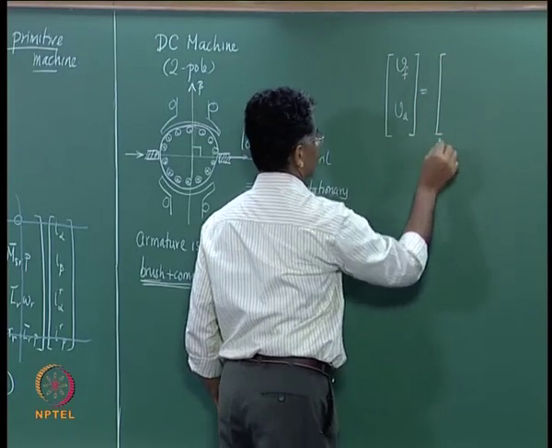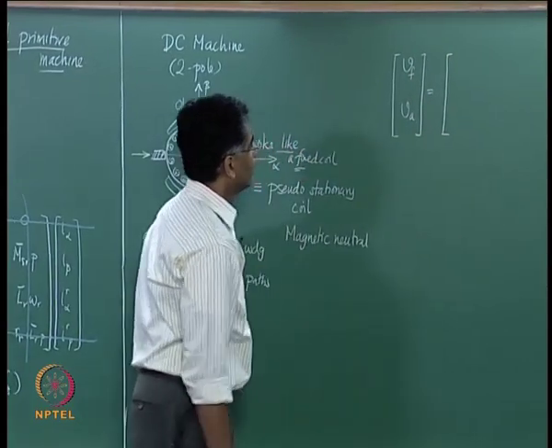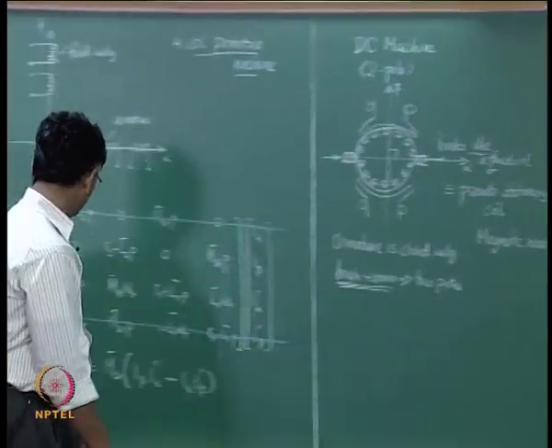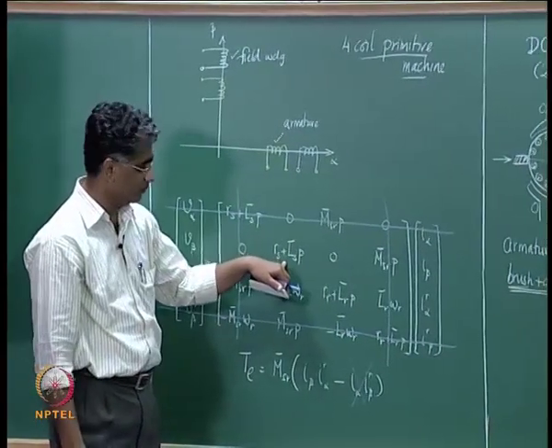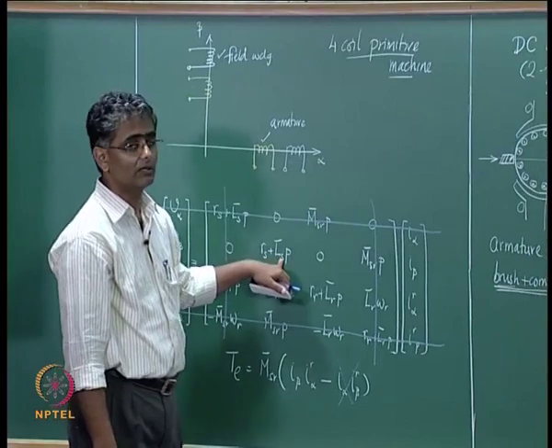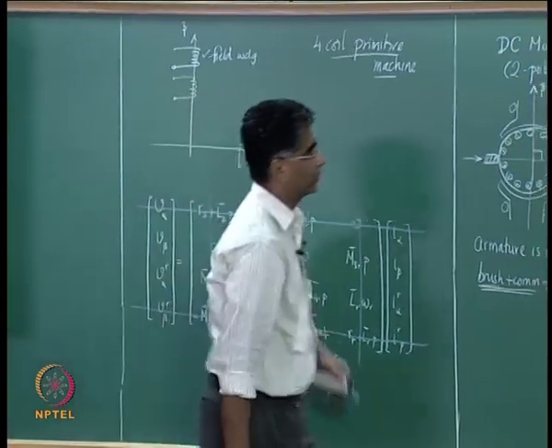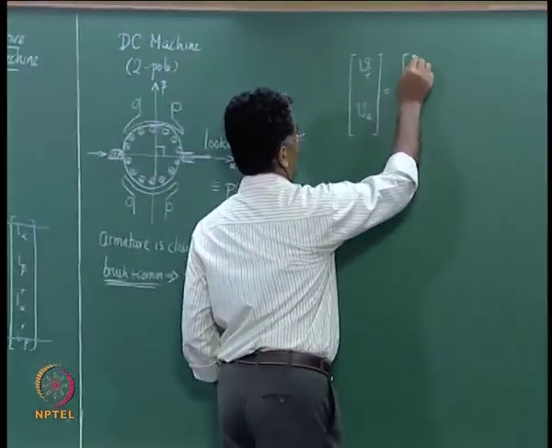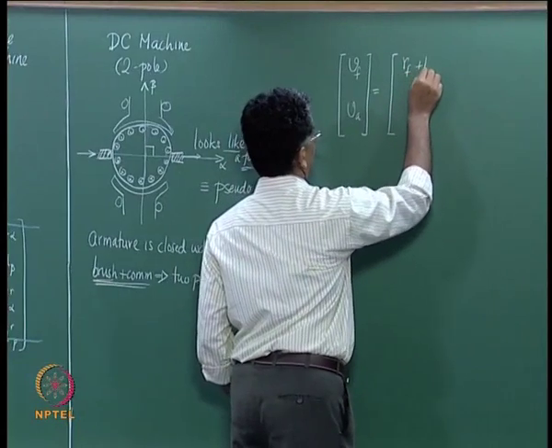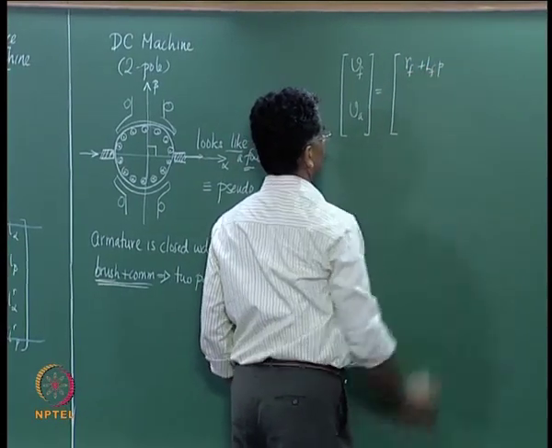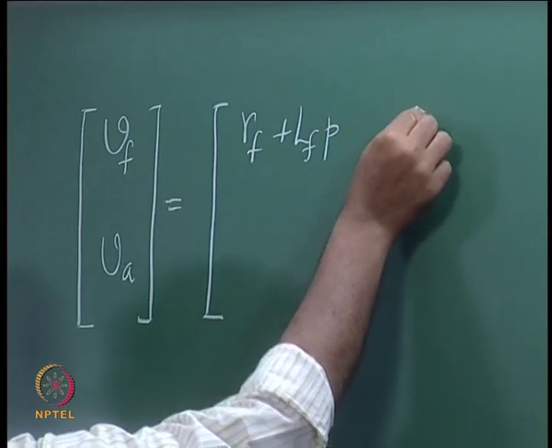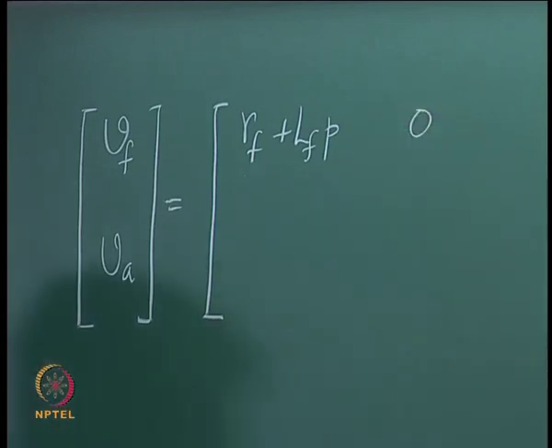This is then given by, you have for the field the self term Rs plus Lsp, and since this is the field we will call it now as Rf plus Lf into P, and the second term is 0, there is no mutual inductance term.